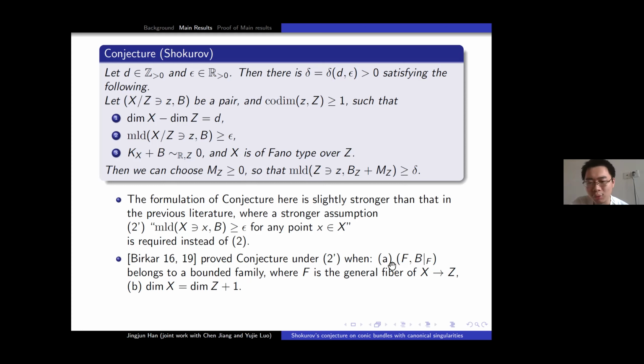In general, we could not show that (F, B|_F) belongs to a log bounded family because there is no lower bound for the coefficients of B. If there is a lower bound for the coefficients of B, then this pair belongs to a bounded family just by the BAB conjecture. Another case is that the dimension of X is equal to the dimension of Z plus 1, which means that the relative dimension is equal to 1. Birkar proved the theorem under these two cases and a stronger assumption.